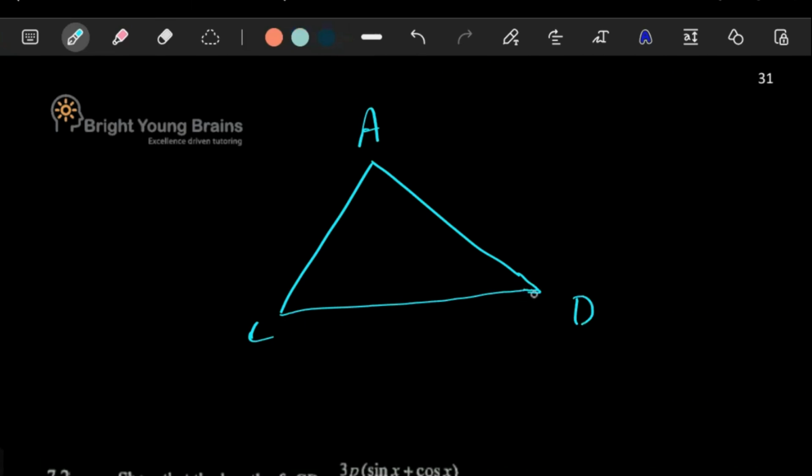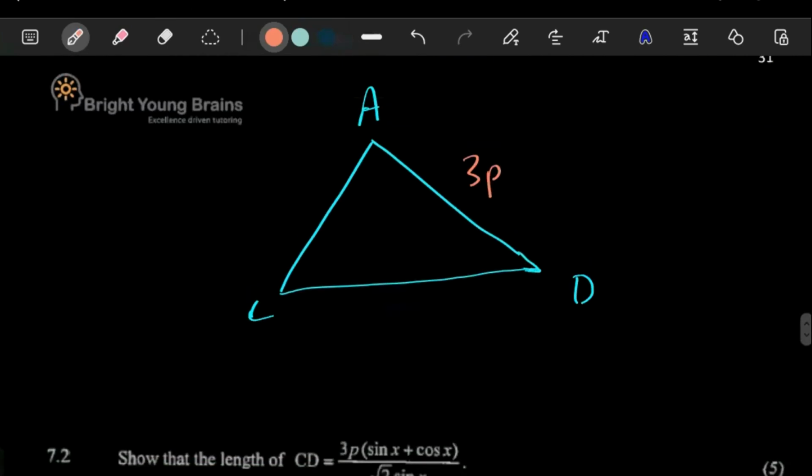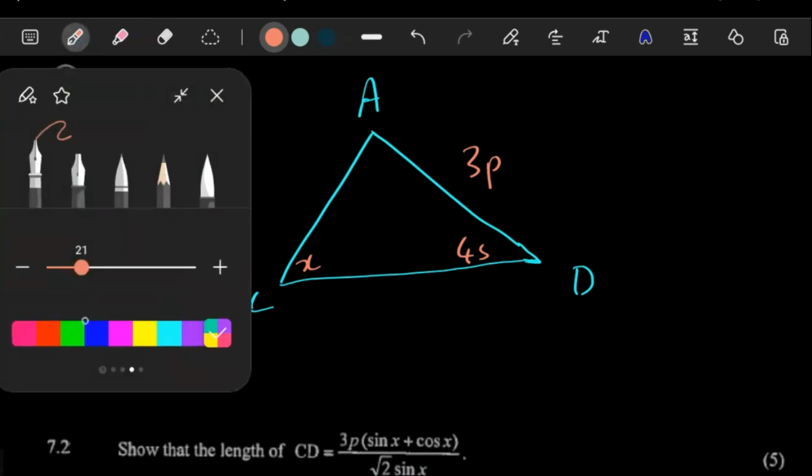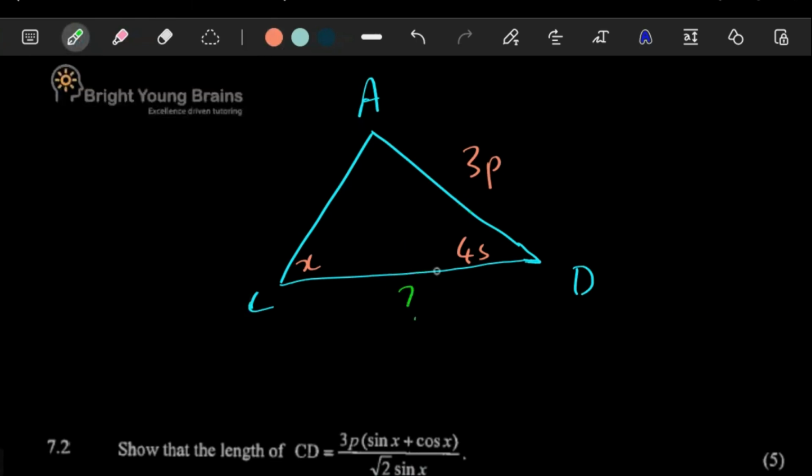And then here AD we got as 3P. This angle here is 45. This angle here is X. And then what else? We don't have anything else. But since they're looking for CD, fortunately what we do know is this angle here is 180 minus these two combined.